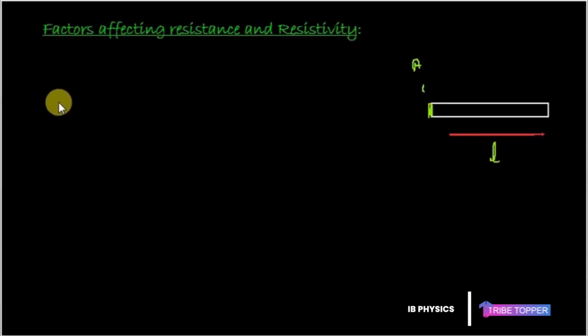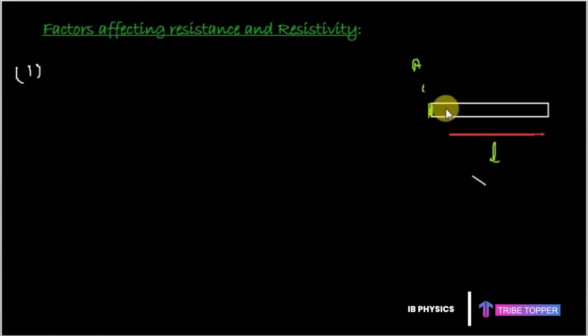In this video, we are going to discuss the factors affecting resistance and resistivity. Now, what do you think should be the factors that can affect the resistance? Just look at it. If you have to travel a long distance, the chances of collisions are more.